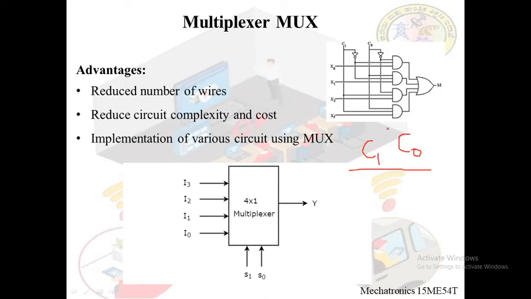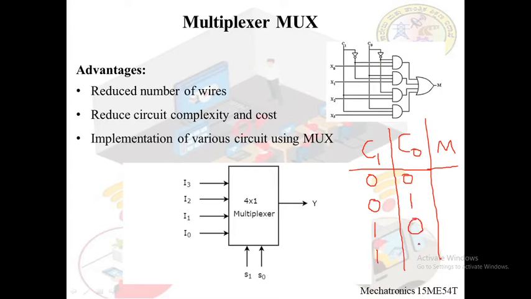Let us see what the output will be when both are 0, when C1 is 0 and C0 is 1, when C1 is 1 and C0 is 0, and when both are 1. All these possible cases can be realized in a truth table. First let us try to understand the circuit.